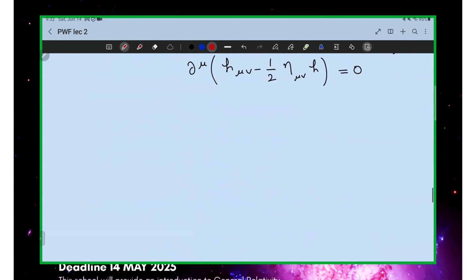So choosing harmonic gauge, the Ricci tensor becomes -1/2, sorry, it's small h mu nu. Okay, so you see how much we can simplify the Ricci tensor using local inertial frames and using a particular gauge condition. Okay, before I move on, let me see if there are some questions.